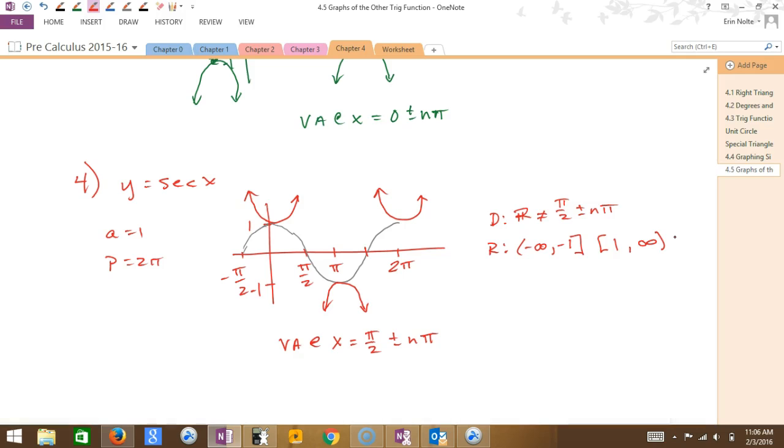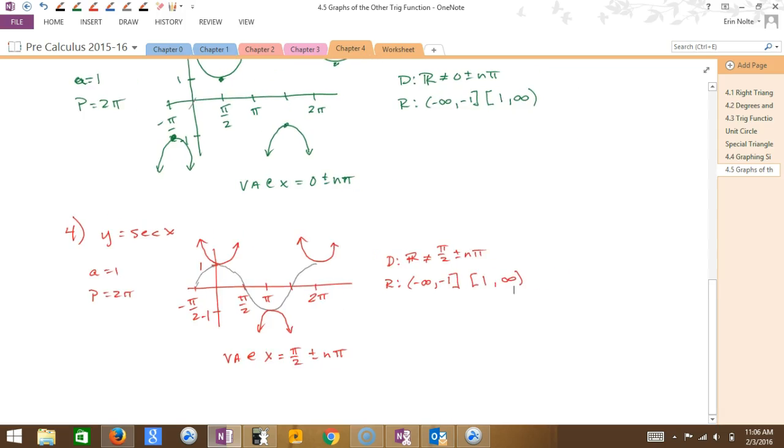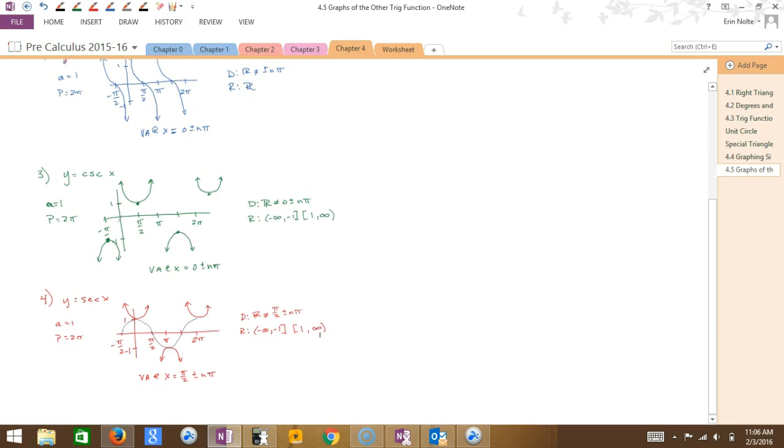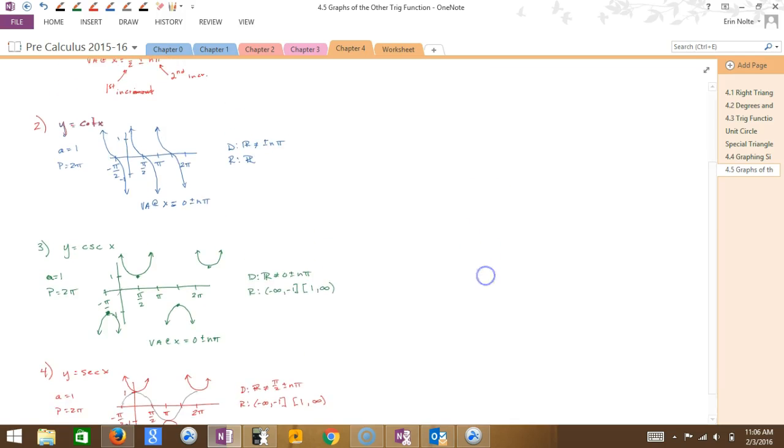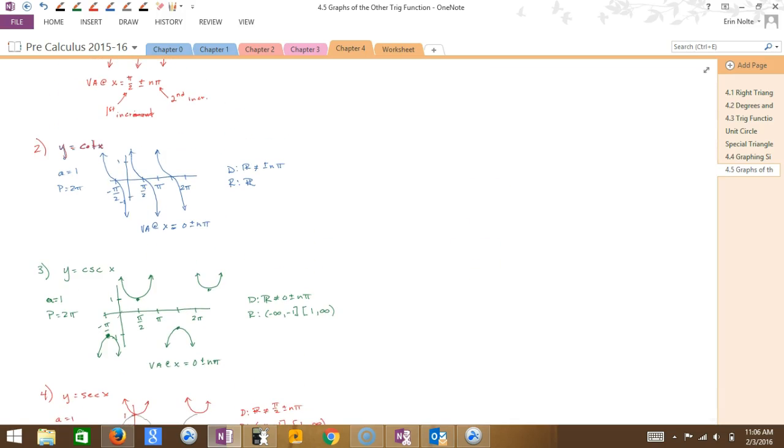Okay, so before I go and do an example with some kind of shifts happening, I want to quickly go back and start to see maybe helpful hints. So for me, one of the things that are really valuable is where do all of these vertical asymptotes start?